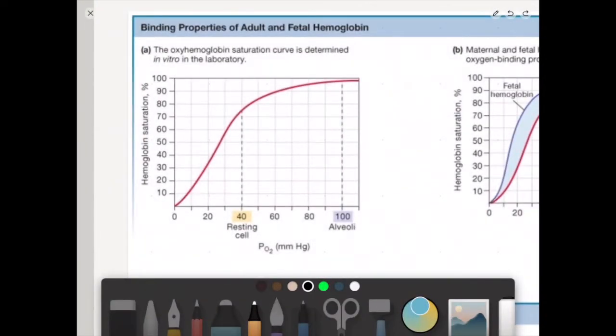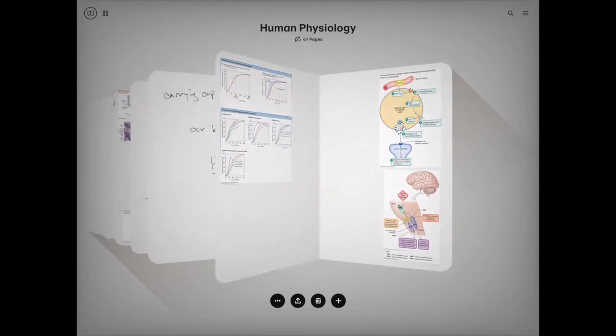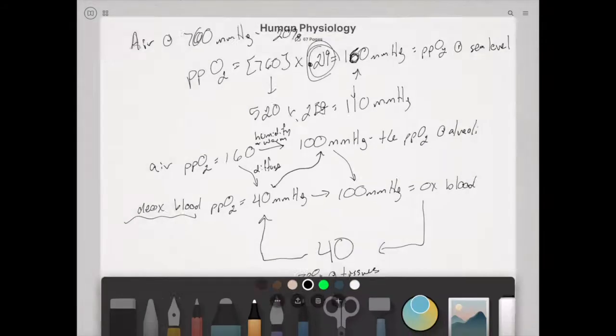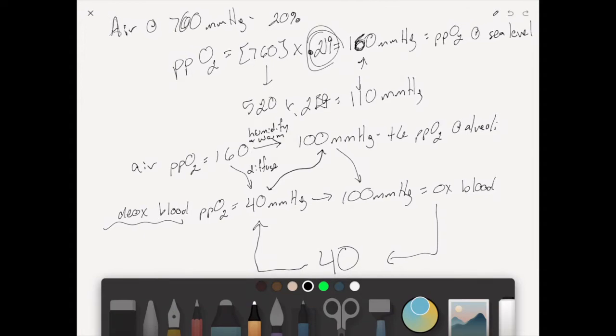Okay, so we discussed the other day in class, and then before class, the partial pressure of oxygen. And if you remember these equation-ish things, more sentences with numbers, the partial pressure of oxygen follows the law of Laplace.